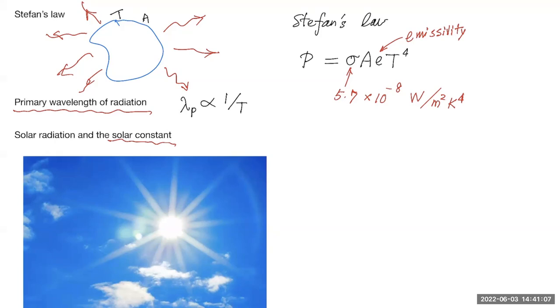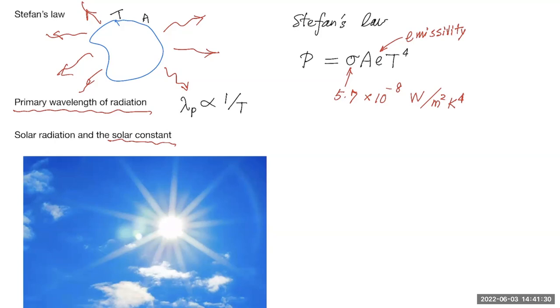So the amount of radiation that a black body radiates per second, that's the thermal power, is given by Stefan's law. Everything radiates, but for a black body, this number e, the emissivity, equals 1. The more it absorbs, the more it radiates because you have to achieve a balance.